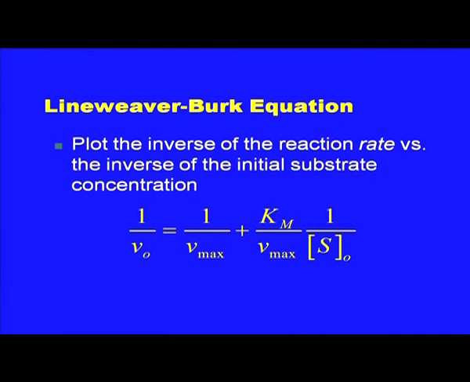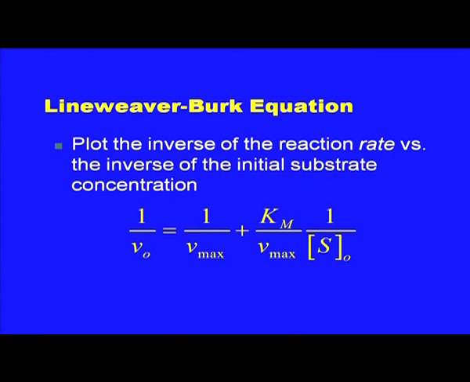Now, again, let us do the plot of the inverse of the reaction rate versus the inverse of the initial substrate concentration. If you do the double reciprocal, that is called the double reciprocal, then this graph linearizes.